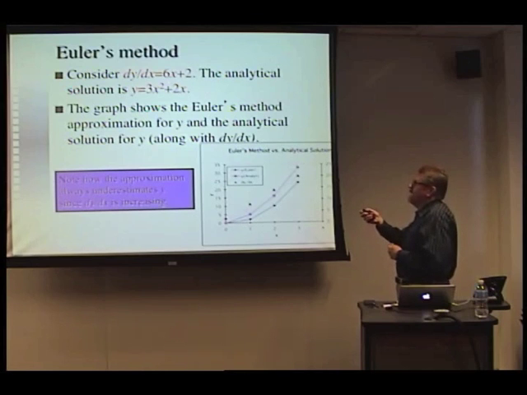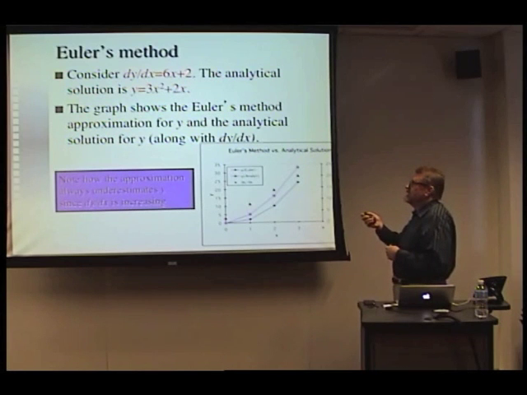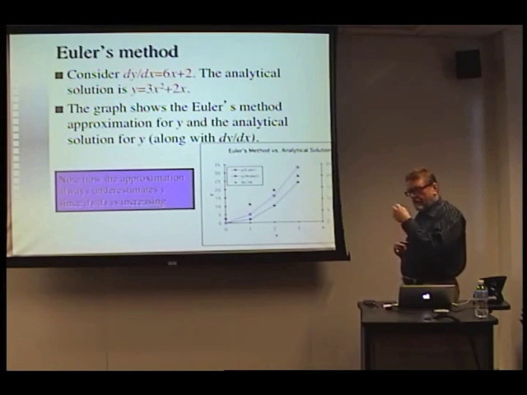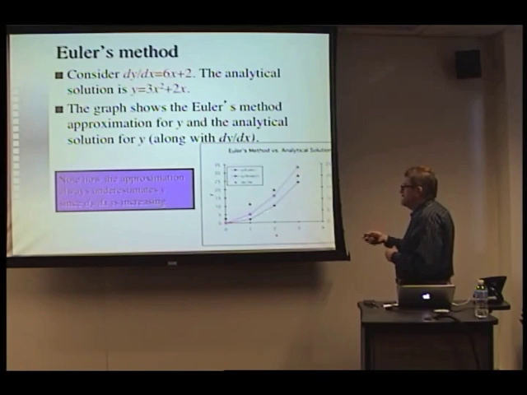We're going to evaluate 6x plus 2 at x equals 0. So that's going to give us a value of 2. And then we're going to add that to the current value of y, which is 0. So we're going to get a value of 2. Okay? And that's what this blue curve is showing. That's the Euler integration of this equation with a step size of 1.